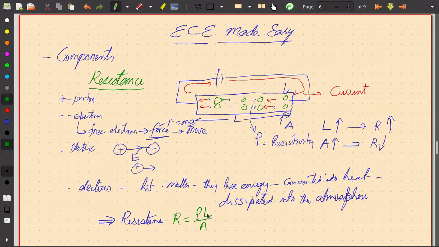If more is the length of the road, you feel more resistance. If the less is the width of the road, you feel more resistance. And that's what is the logic behind the resistance. And a resistance is symbolically represented by this, and it's used by a letter R. So that's it about resistance.